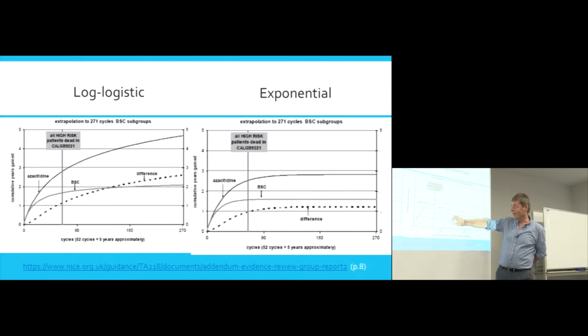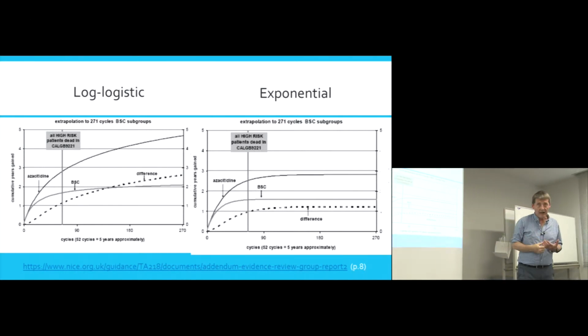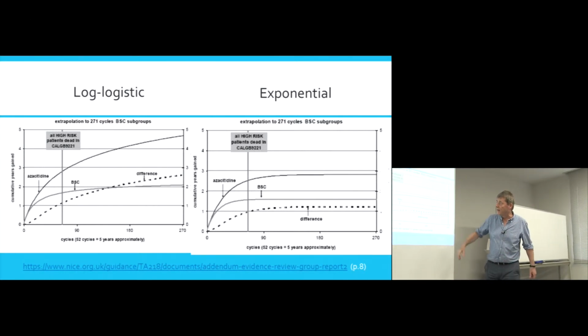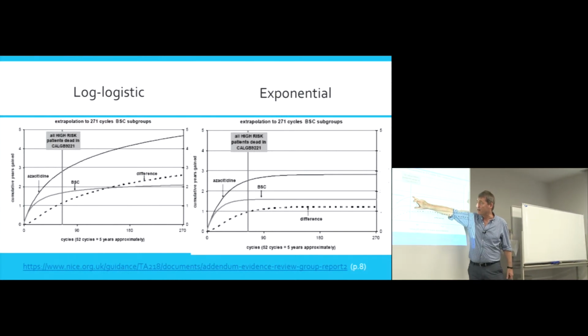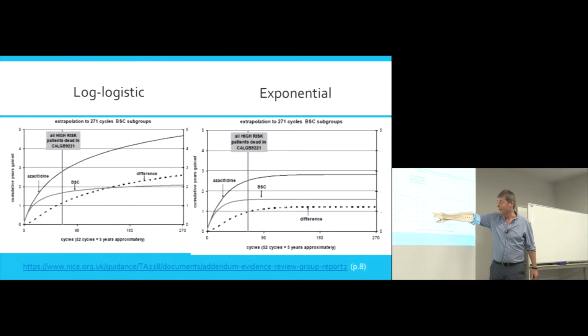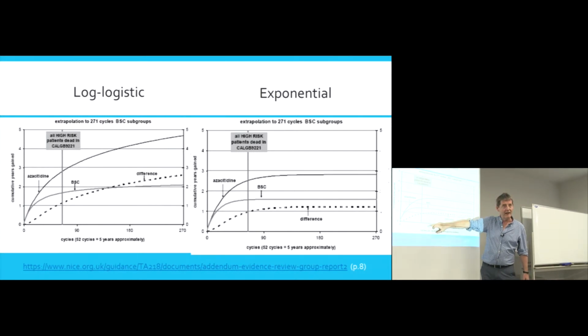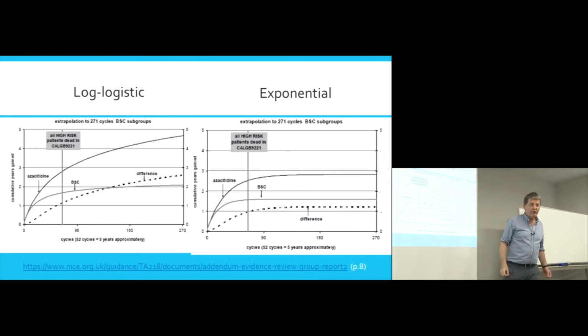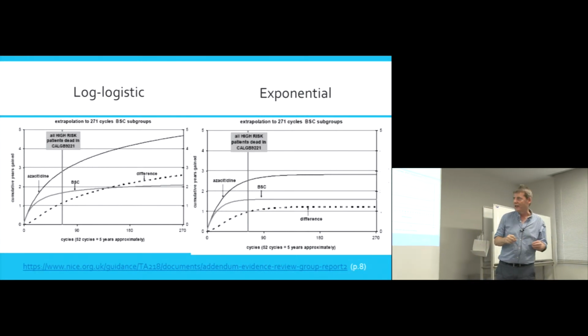And of course, the vertical distance, so the difference between years of life being accumulated between best supportive care and azacitidine, the dotted line, it's also leveling out at a much earlier stage. So we've got a really marked difference here.